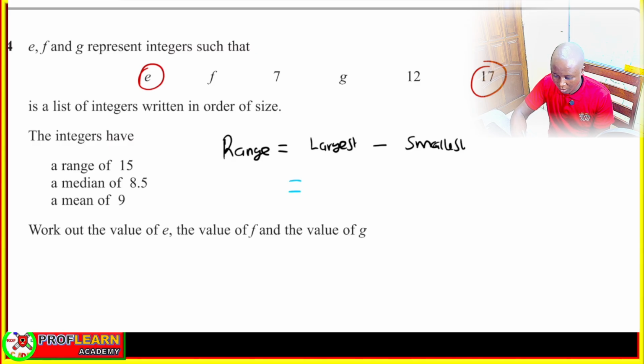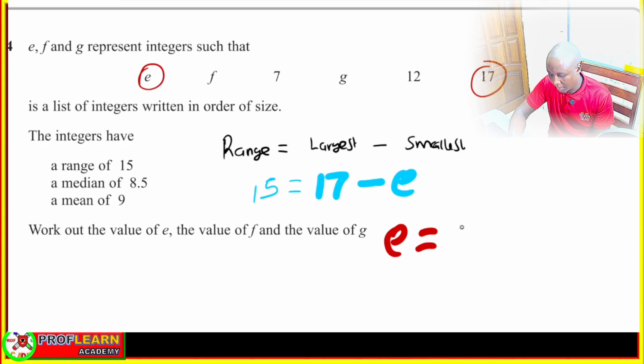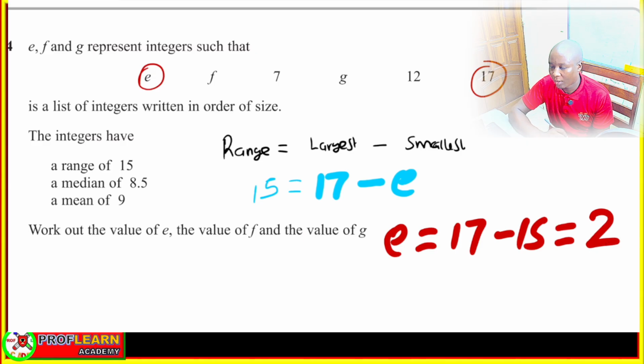So here we say the range is actually 15, and then we write the largest number is 17. Then we subtract the smallest number, which is E. So what is going to be our E? Our E is going to be basically 17 minus 15, and that's going to be 2, as you can see here.